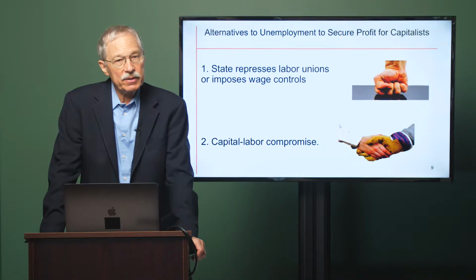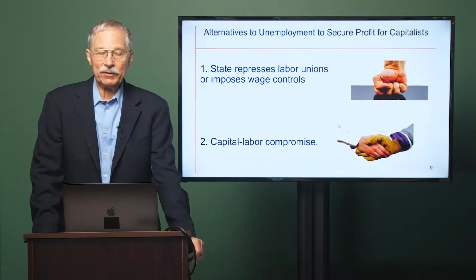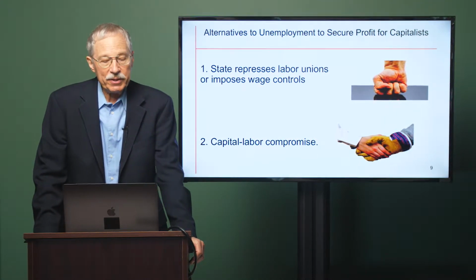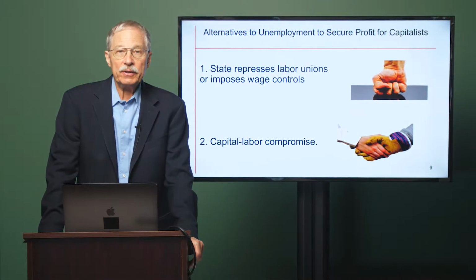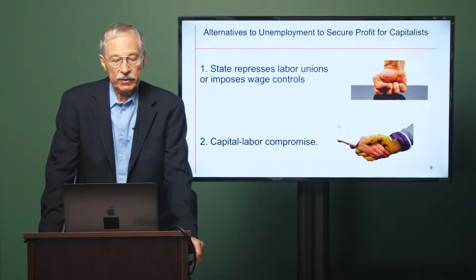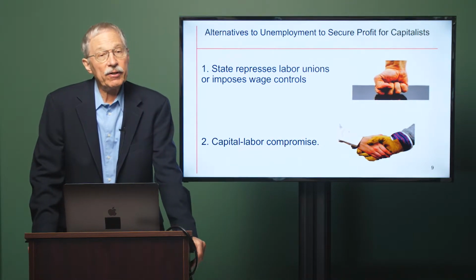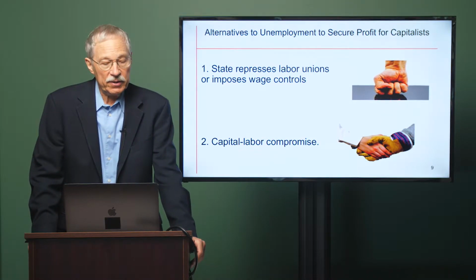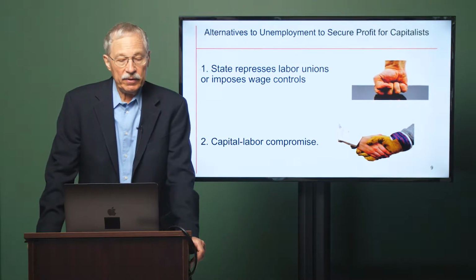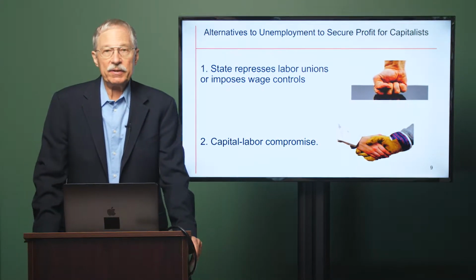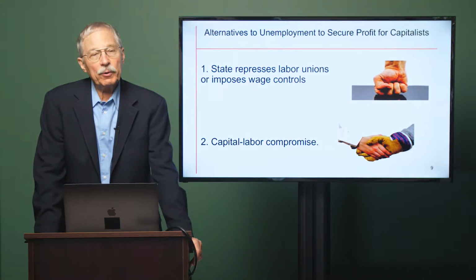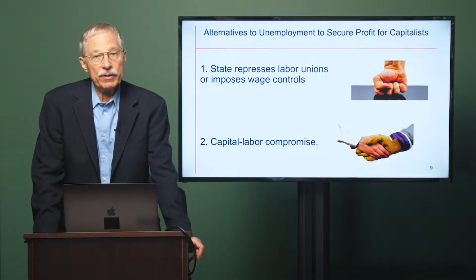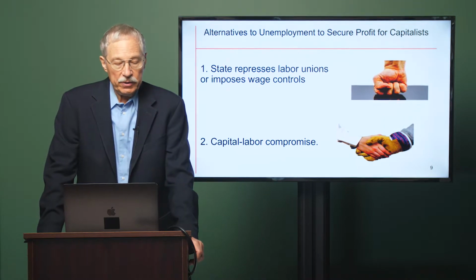In some cases, the government, which we've left out till now, represses labor unions or imposes wage controls that assure capitalist profit. In authoritarian capitalist states, this can happen, and even in our country, the government recently has not been friendly to labor unions. During World War II, there were wage controls. The government set upper limits on wages.